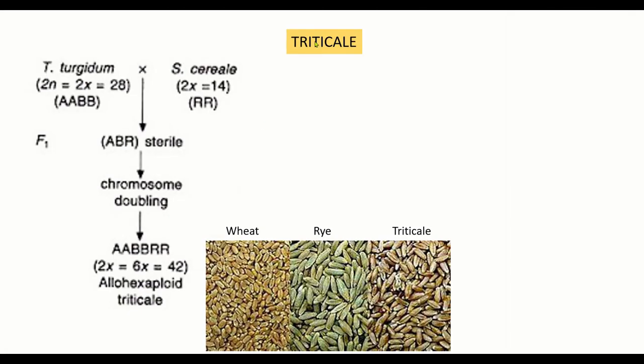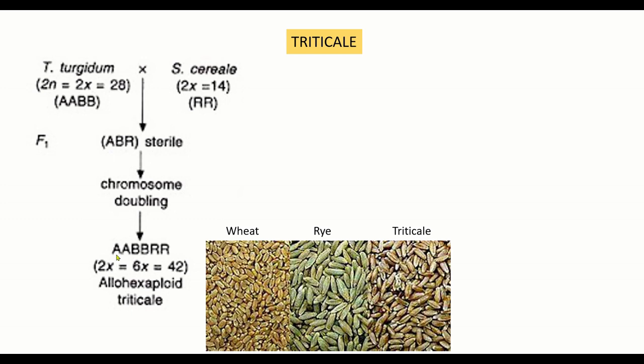Now the next thing is triticale, which is also famous because of its current use in some countries. The origin is by artificial means: Triticum turgidum, which is one of the wheat varieties, although not bread wheat, is crossed with the cereal rye. When they are crossed, it produces ABR, F1 sterile.